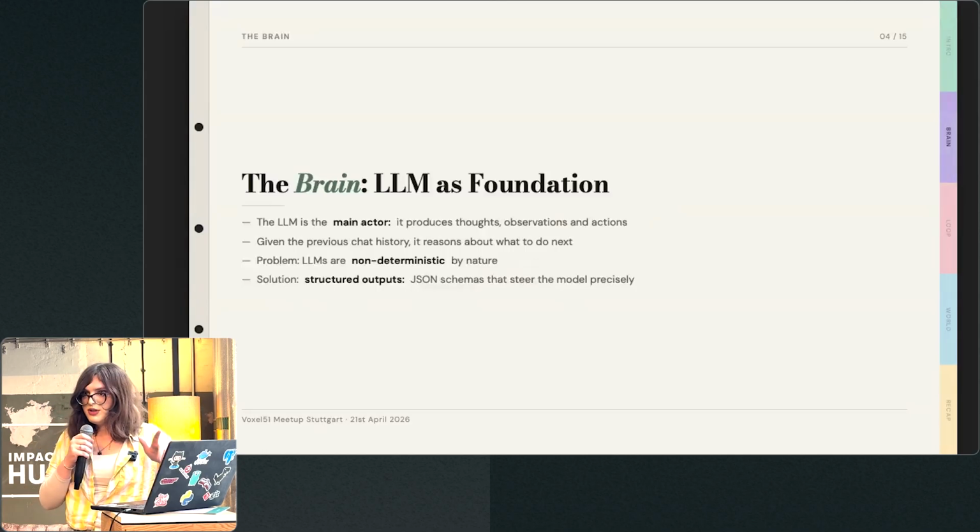So the brain of an agent is the LLM, a large language model that acts as a foundation, as the main actor of an agent, like the underlying layer. Whatever interaction you have with an agent is mediated and decided by the LLM.